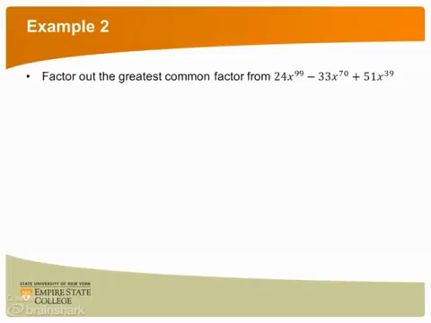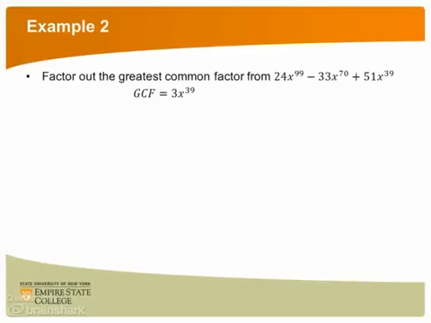Now let's factor out the greatest common factor from 24x to the 99th minus 33x to the 70th plus 51x to the 39th. First, we need to find the GCF before we can actually factor it out. Looking at the coefficients, the largest number that divides evenly into 24, 33, and 51 is 3.